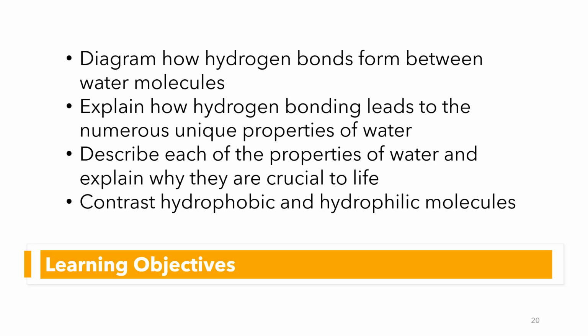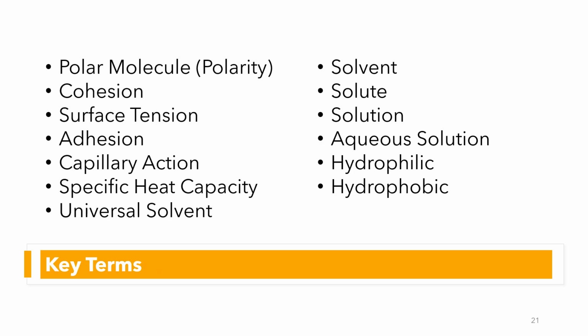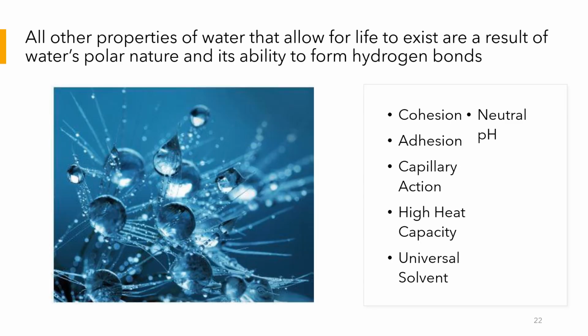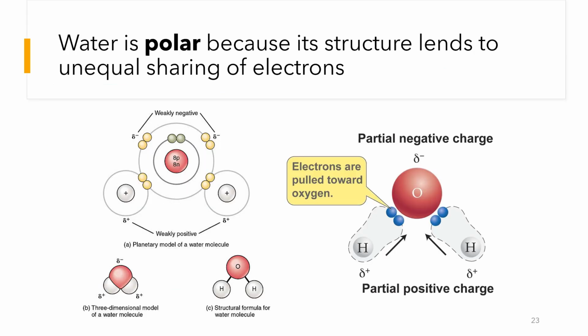Here are some of your objectives, things that you should be able to do by the end of this, and some of your key terms. So looking at our water properties, all of these properties exist and allow life to occur because water is polar and because it can form hydrogen bonds as a result. So we're going to talk about all of these different properties in a second.